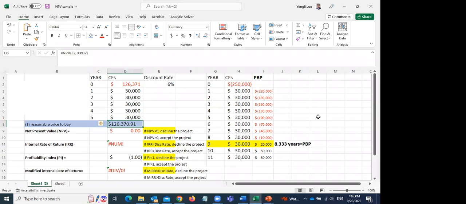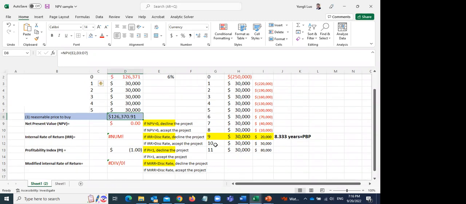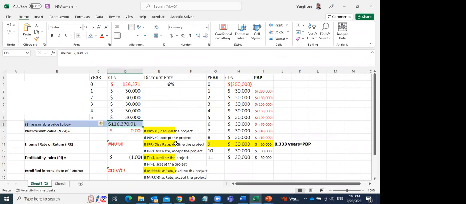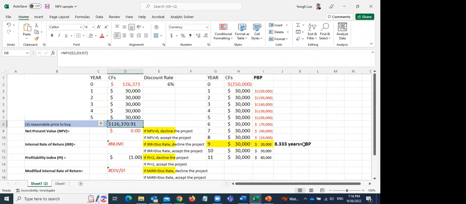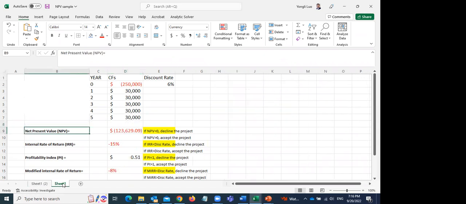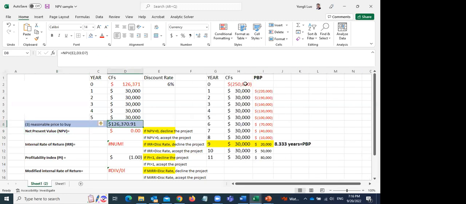The project we did here: for this project, you only needed to do the net present value and the payback period. For the payback period, you don't need any formulas, just subtraction.